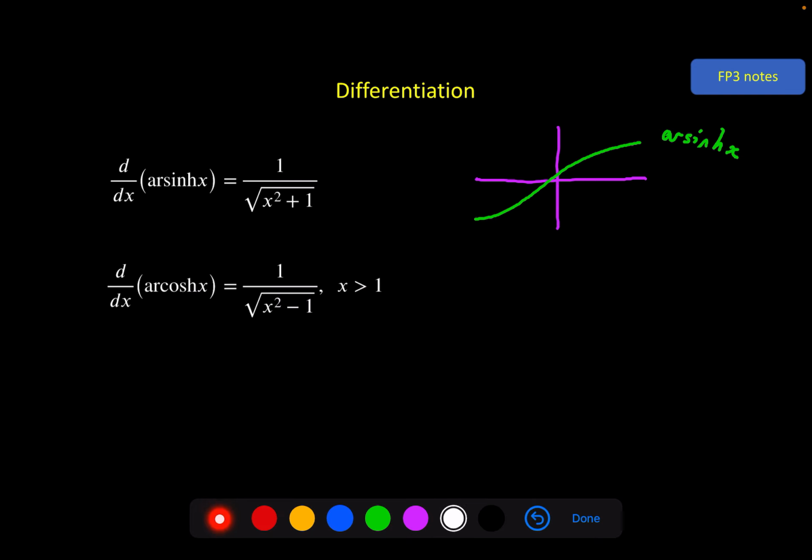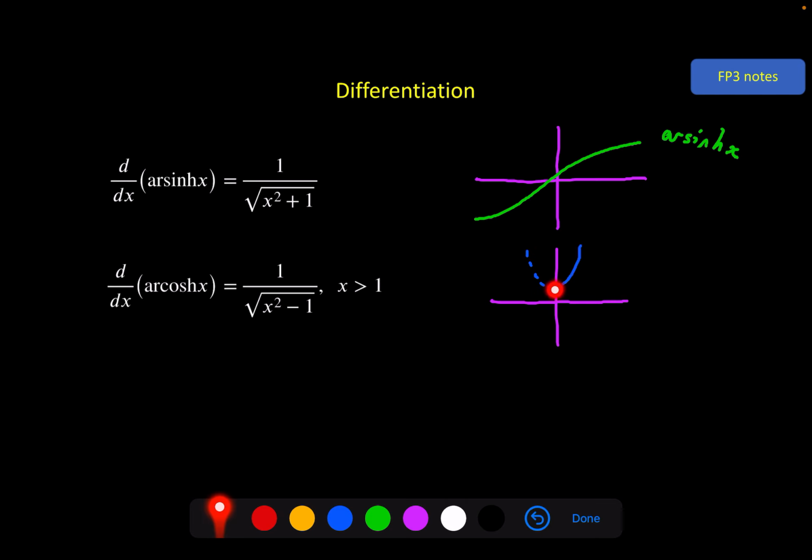And again, I'm going to use the graph to explain this. Because if you remember, let's go all the way back to cosh. Cosh was this thing. And there was also a bit on here, but you've got to be careful. You cannot do the inverse of a function unless it is 1 to 1.